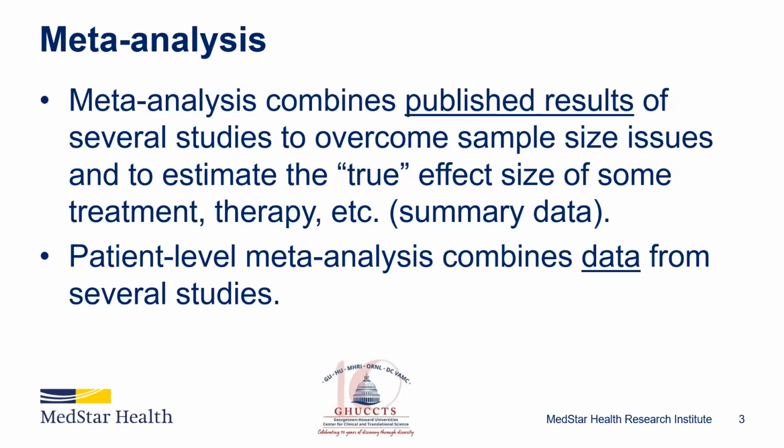There's also what's called patient-level meta-analysis, but that's combining actual individual patient data from several studies. You don't see too many of those because you have to have access to the data, and probably not too many people are just going to send you the data. So it's usually done by people who have been involved in the studies one way or another.